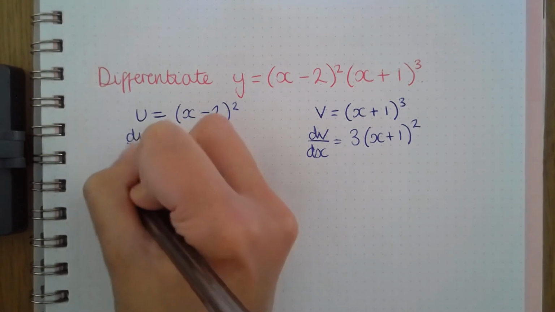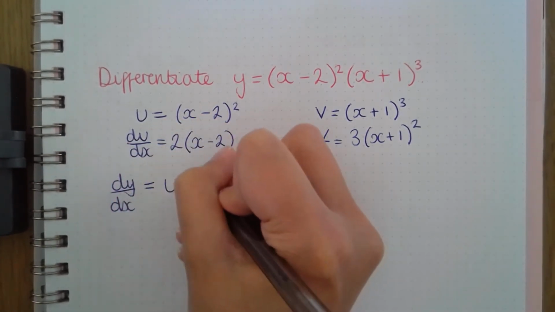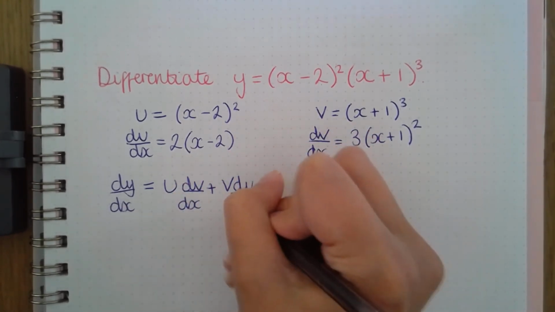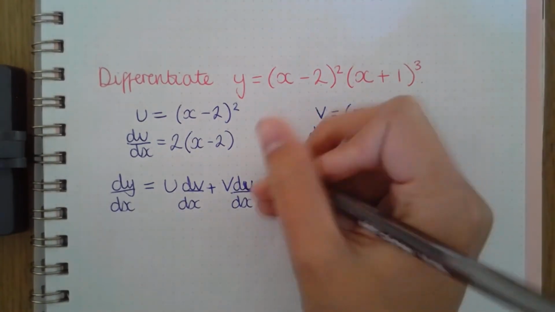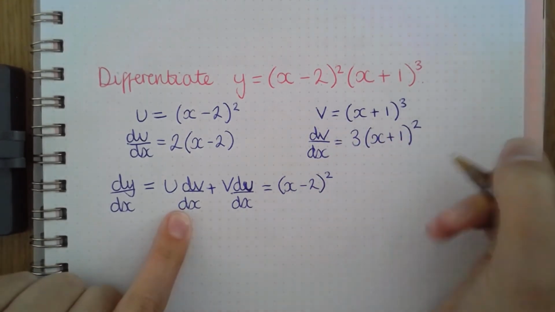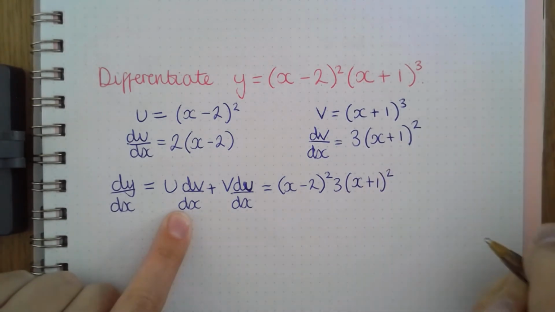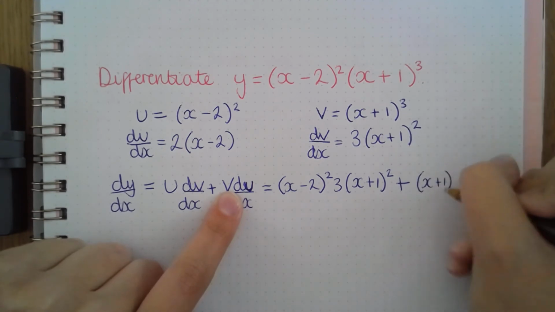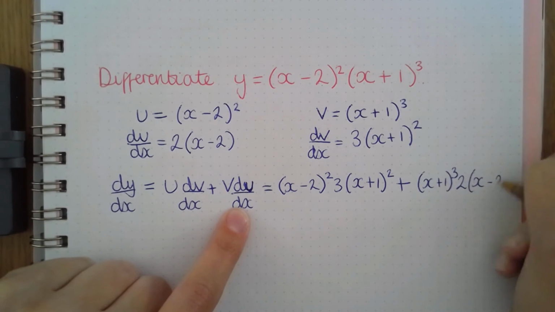Then my whole differential, so dy dx is equal to u dv dx plus v du dx equals, u is (x take 2) all squared, dv dx is 3(x plus 1) all squared, plus v is (x plus 1) all cubed, du dx is 2 lots of (x take 2).